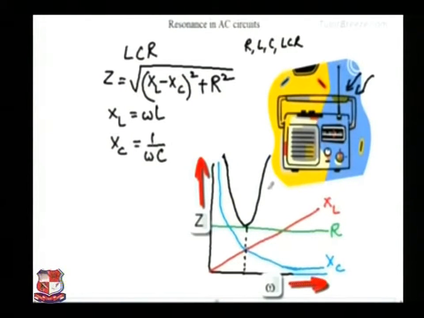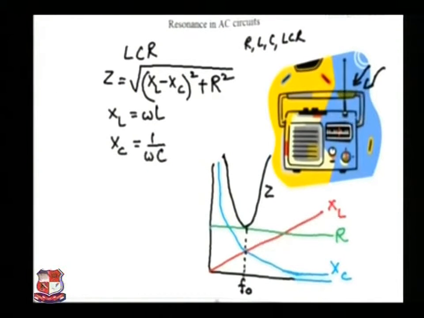This is the graph for Z. And you can see that Z has a minimum value at a particular frequency, which I am going to call F0. So F0 is the resonance frequency. As we discussed earlier, when XL and XC are equal or intersecting, at that point we get our resonance frequency.